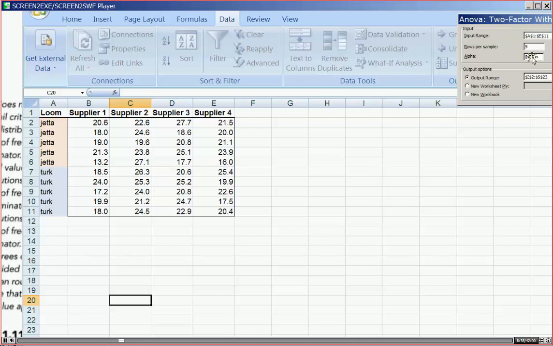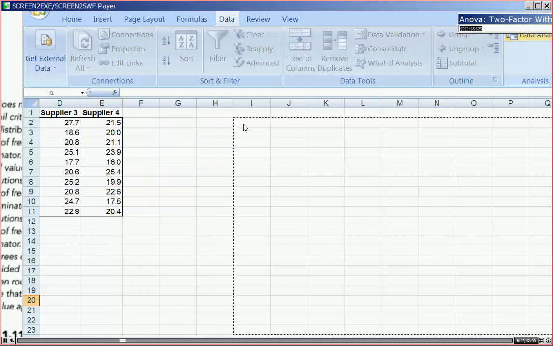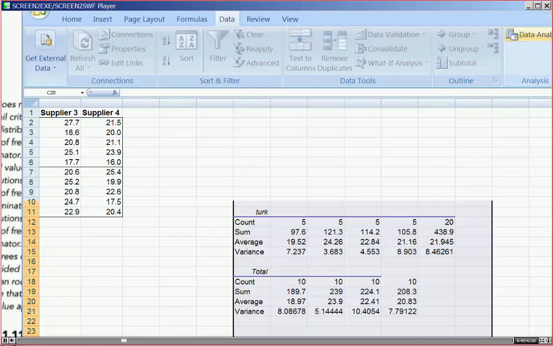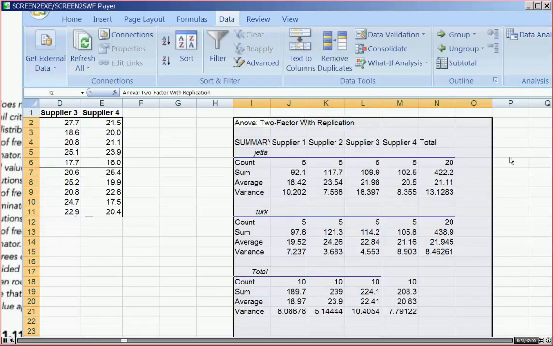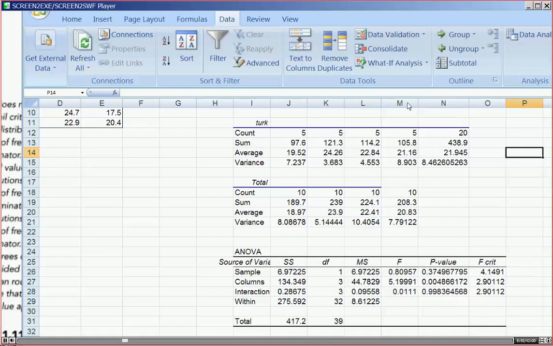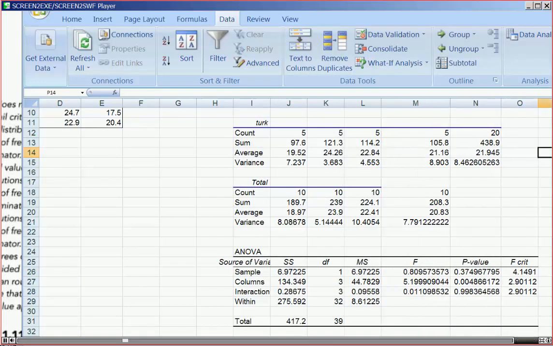The significance level is the same, 5%, and we're going to select the output range. This is good, clearly visible. Very good. So let's run the analysis. Here we go. And we're going to compare it to what we have in the book.